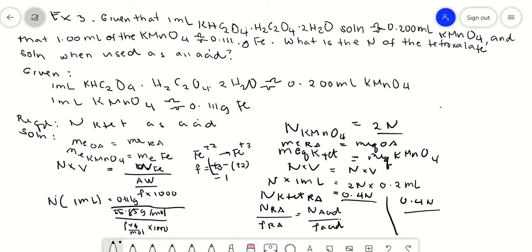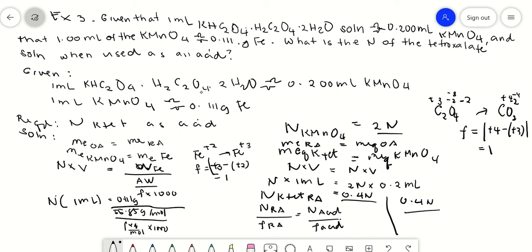Take note that oxalate with charge negative 2 will be oxidized to CO2. So that is negative 2, negative 8, minus 2 plus 6 divided by 2 is 3, negative 2, negative 4, plus 4. So the factor would be 4 plus 4 minus plus 3, so the factor would be 1.